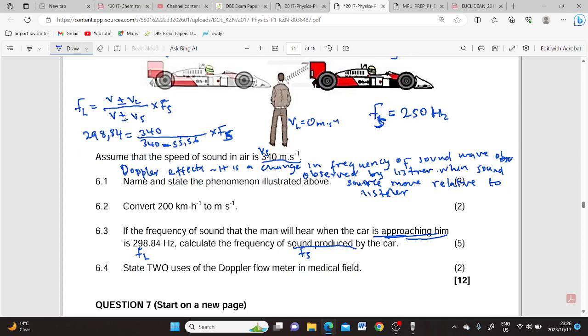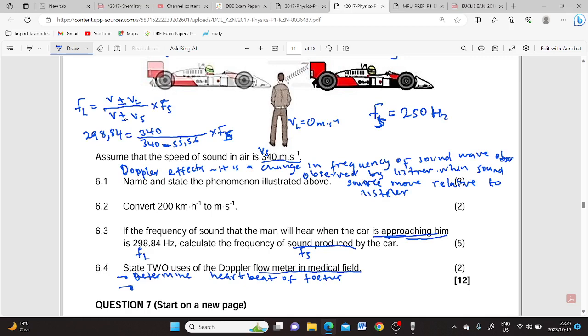Next one. State two uses of the Doppler flow meter in the medical field. One, determine the heartbeat of a fetus.